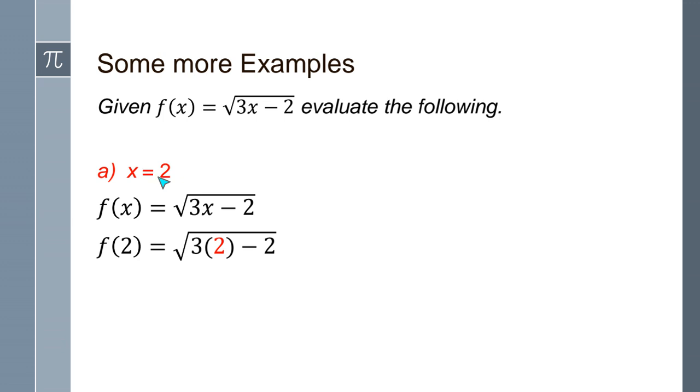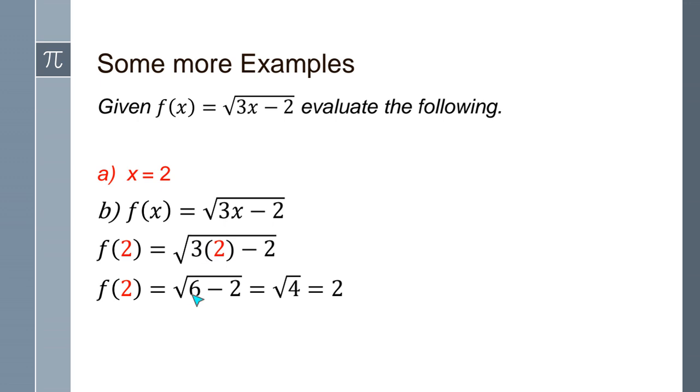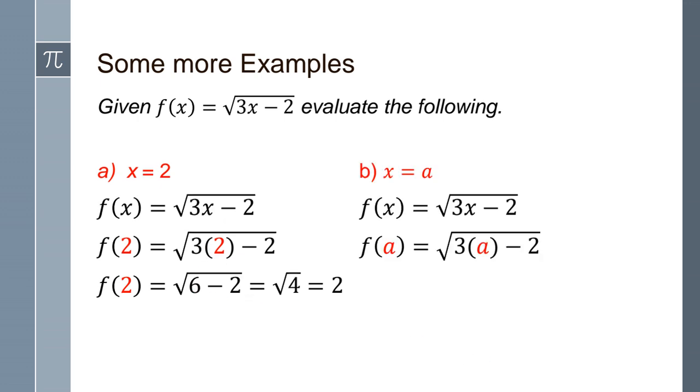Then we're going to simplify. 3 times 2 is 6, 6 minus 2 is 4, square root of 4 is 2. So when x is 2, y is going to be 2. When you're evaluating functions, you're basically getting ordered pairs, an x value and a y value. What if x is equal to a? Again, we still do the same thing. We replace x with a.